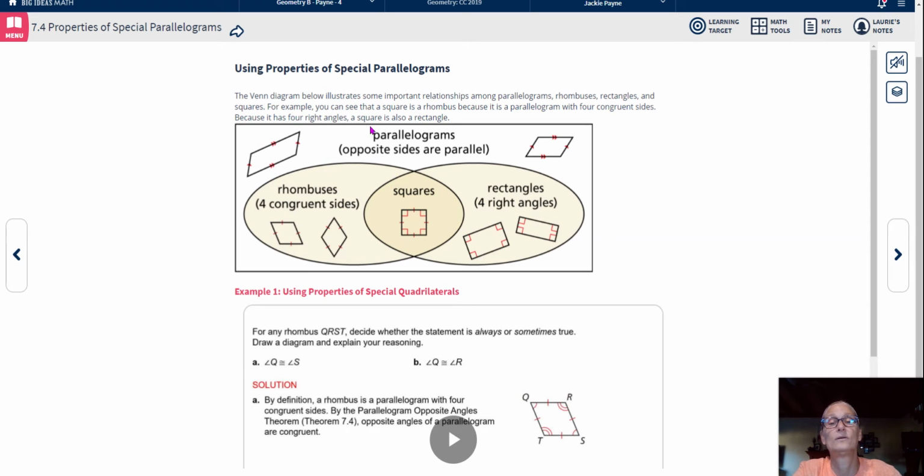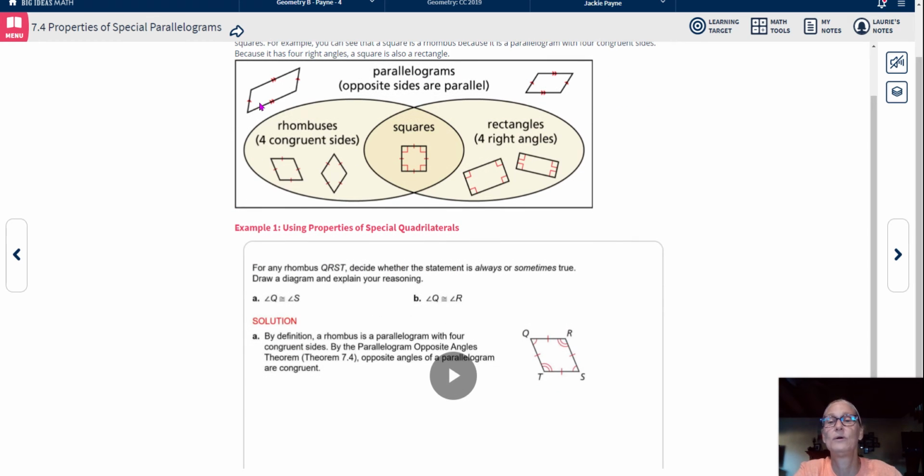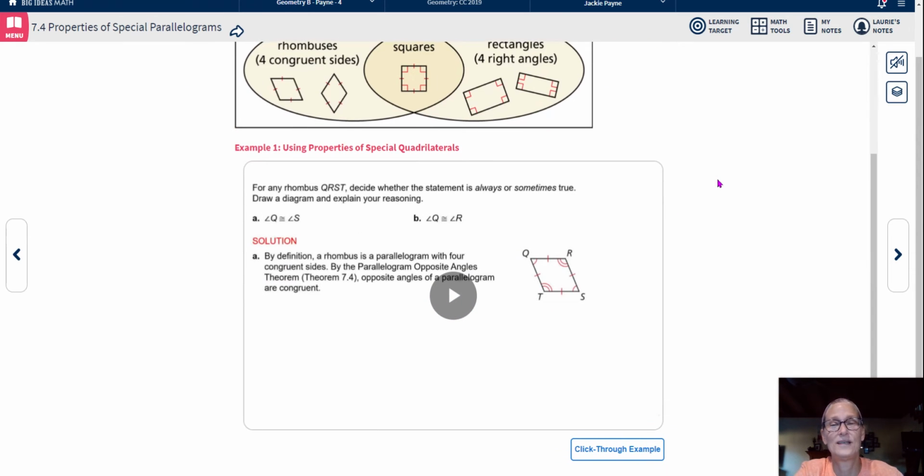Because it has 4 right angles, it's also a rectangle. So it's in this nexus here where it's both a rectangle and a rhombus. But you can have a rectangle without it being a rhombus, that's here, or a rhombus without it being a rectangle. And then the parallelograms, the other ones, they're just hanging out there. It's a big deal. We're going to memorize that Venn diagram.